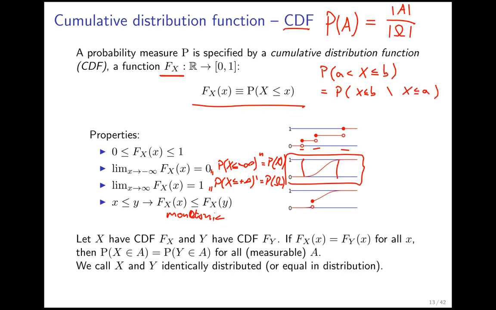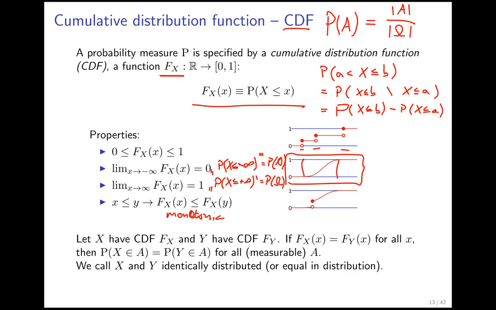Check this for yourselves. That's just rewriting, and maybe you recall one of the rules or axioms that we derived and looked at. This is just the probability of X being smaller or equal than b minus the probability of X being smaller or equal than a.